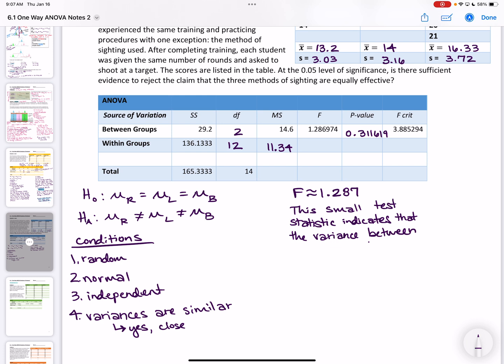So the variance between is small compared to the denominator. So compared to the variances. Which one's in the denominator? The variances within, okay? Just remember BW. B's in the numerator, W's in the denominator. So between the groups is means, within.